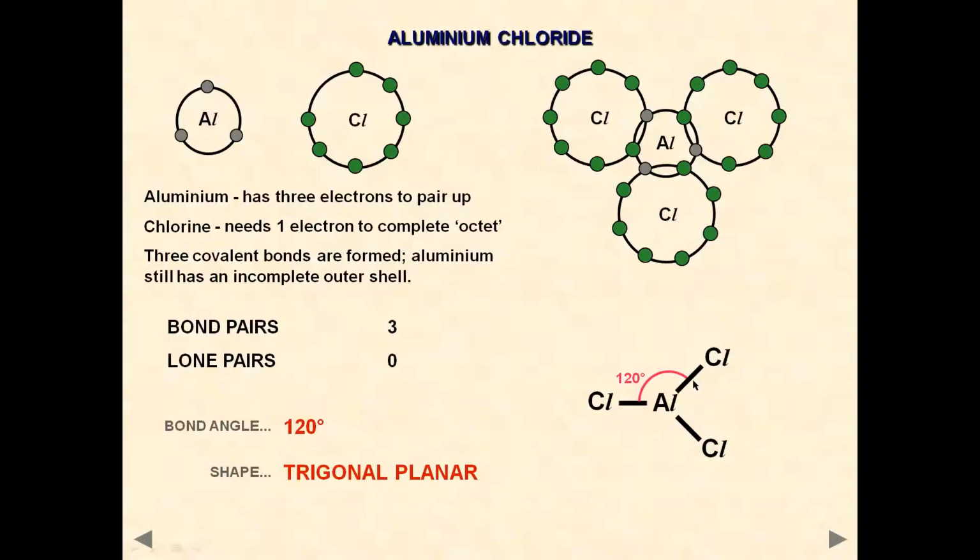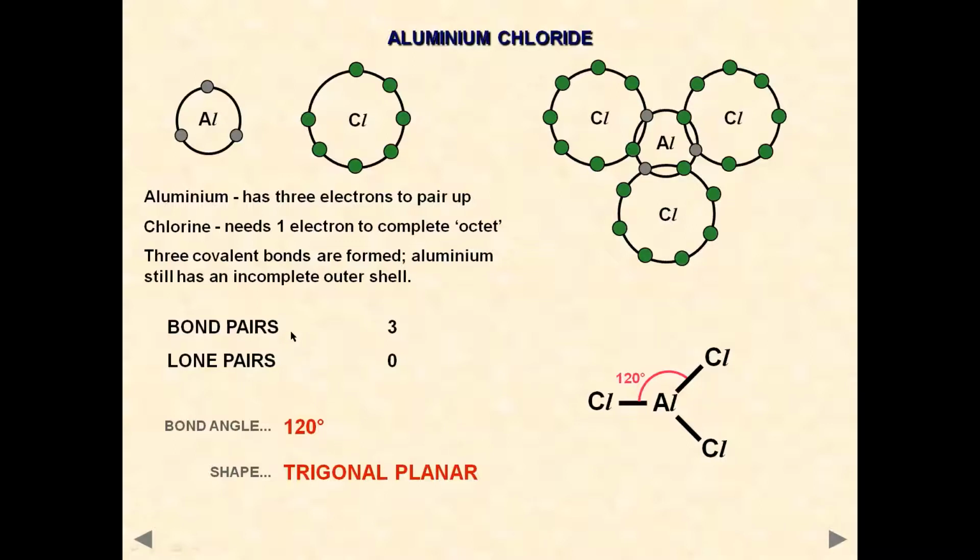And also from our very first slide, what we discussed, if there are 3 bond pairs around the central atom, the shape is going to be trigonal planar. Just simply draw a triangle, that's what it is. And the bond angle is going to be 120 degrees.